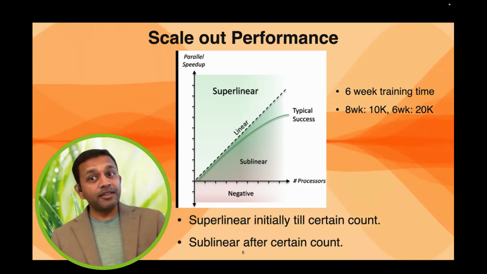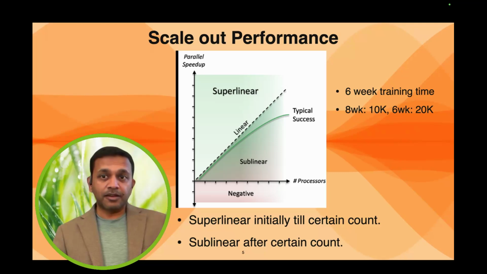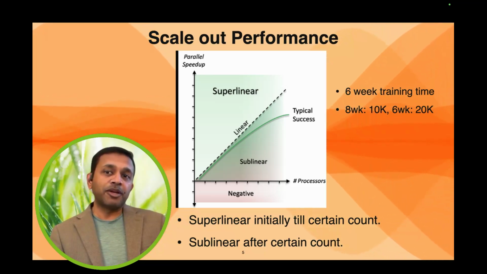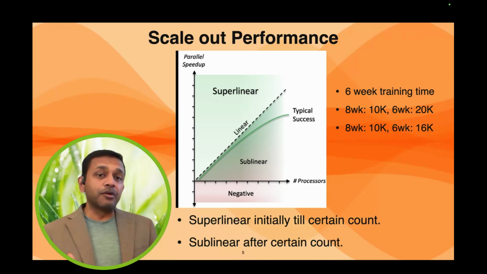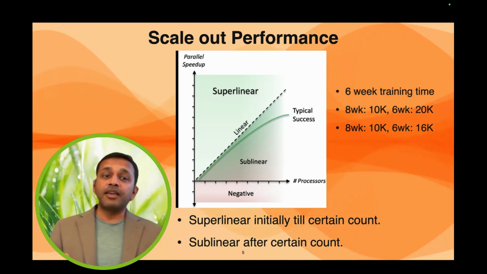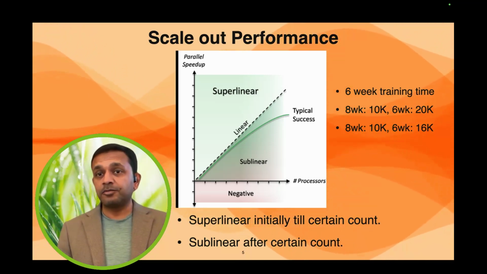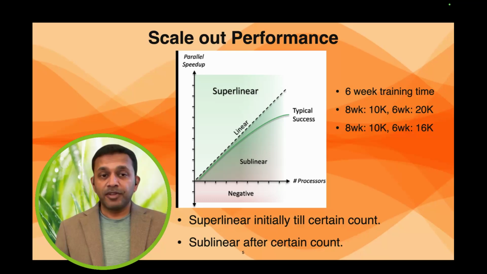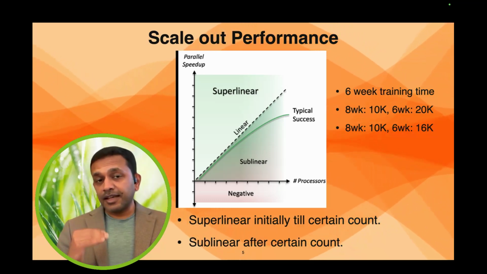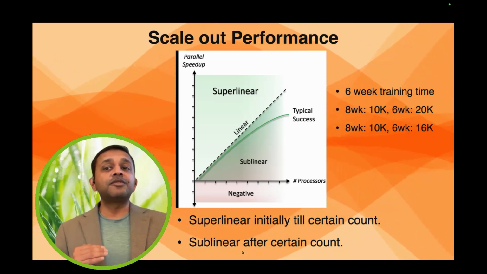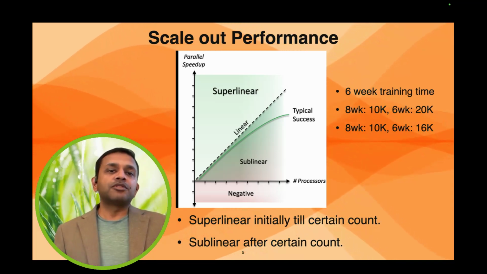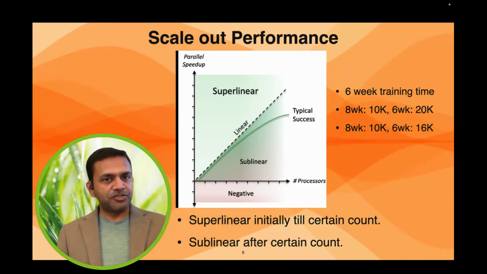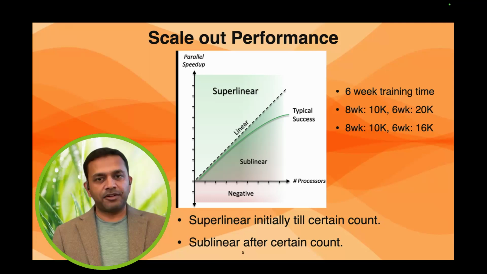But if you make it 20,000 accelerators, it can reduce the time from 8 weeks to 6 weeks. There can be another option which is able to reduce it to 6 weeks not with 20K accelerators, but with 16K accelerators. So now you can see that the second option allows a 6-week training time while needing 4,000 fewer ML accelerators, which straight away adds to the cost benefit.